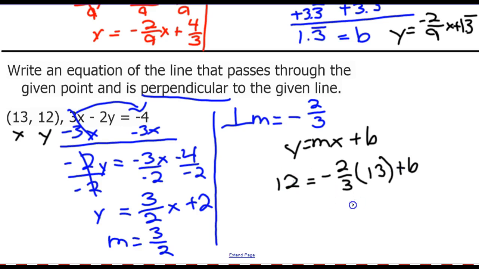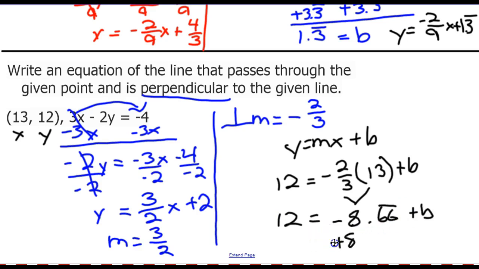So negative 2/3 times 13 gives us a negative 8.66 repeating equals 12. And we have to add our b on there.